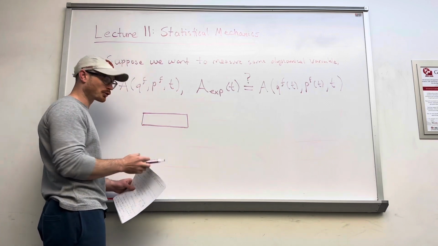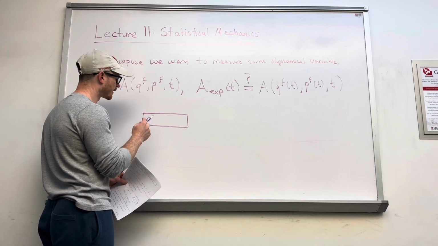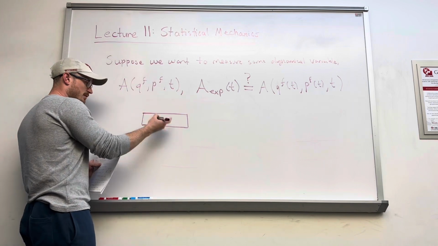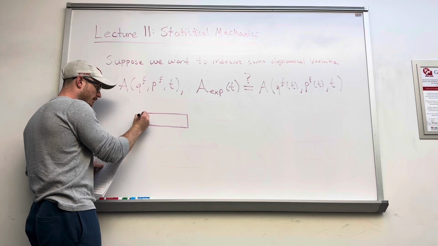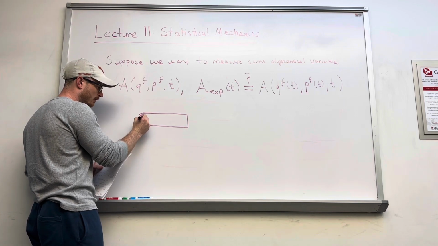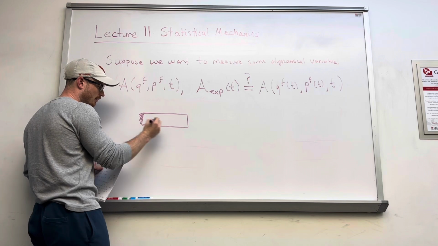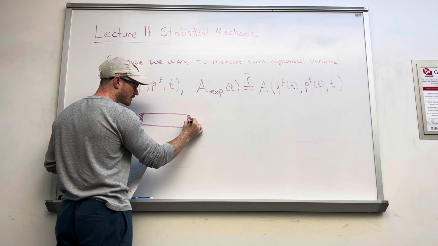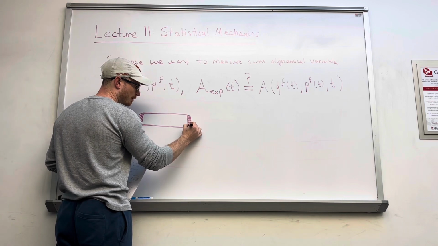You just hold up a ruler to it and say, okay, it's this length. But at the atomic scale, there's a bunch of atoms in the rod bouncing around, and there are atoms on the end of the rod that are vibrating. So defining the length of the rod is not actually as simple as just holding up a ruler to it.